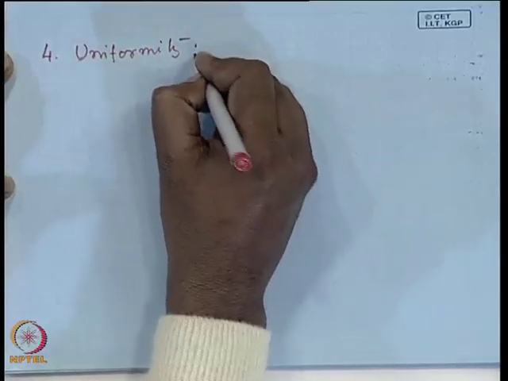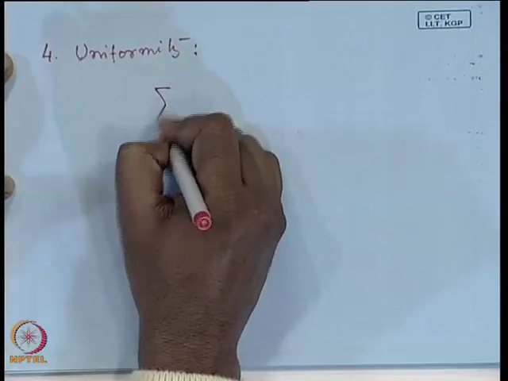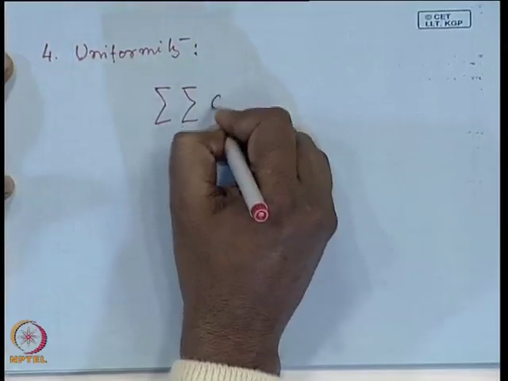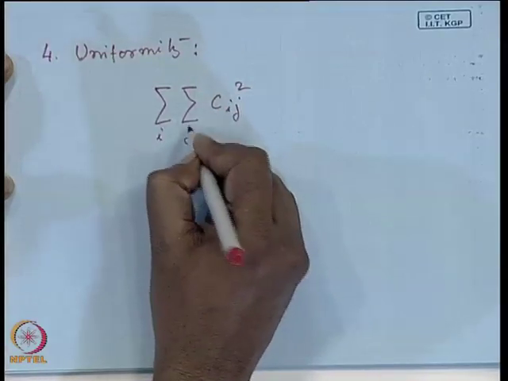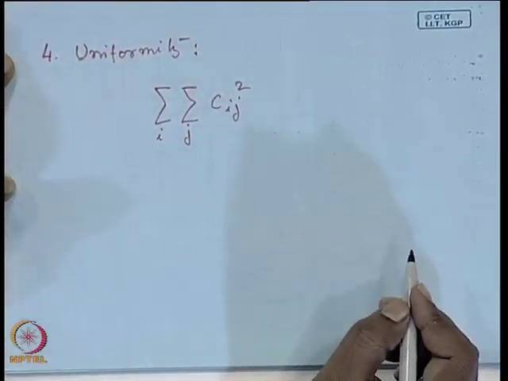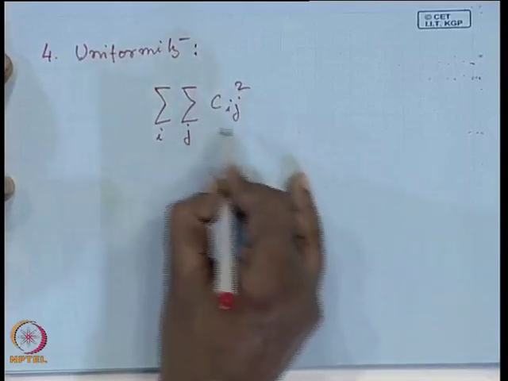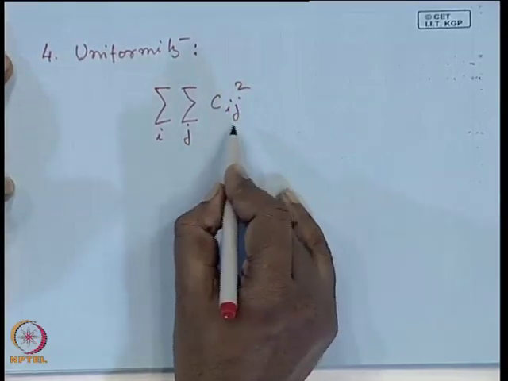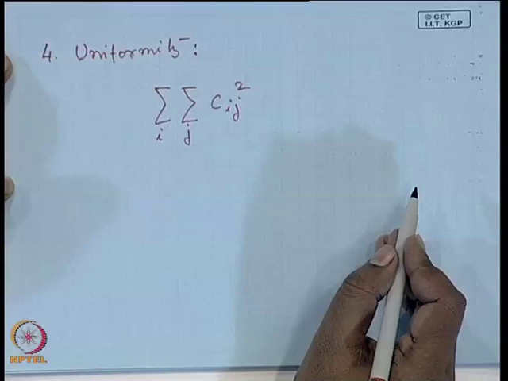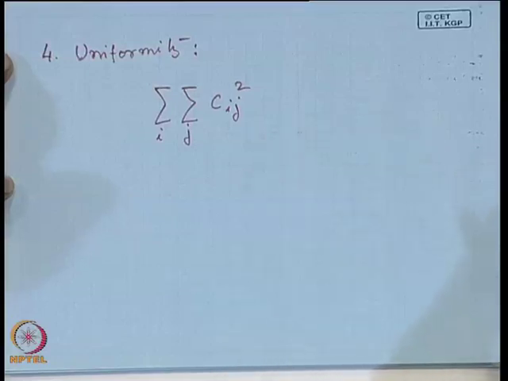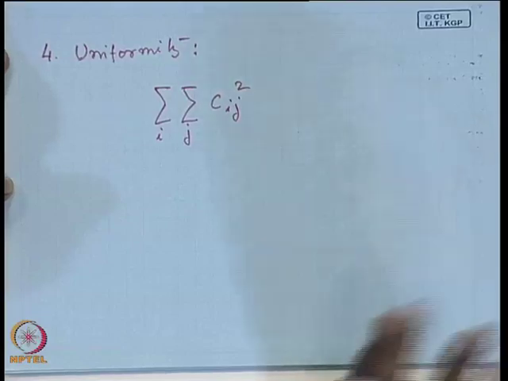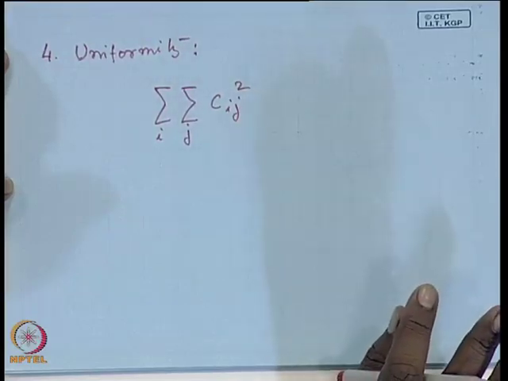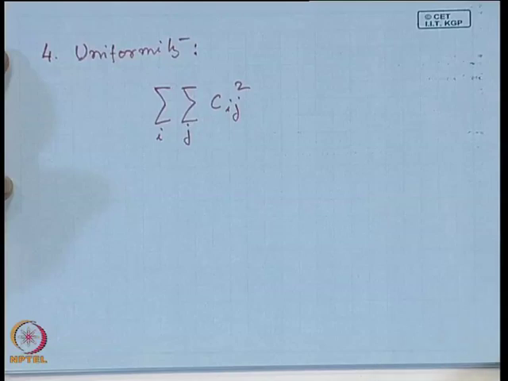Uniformity is simply defined as the summation of Cij square over I and j. You will find that this value will be high if all the Cij's are similar or the same. That means all the intensity pairs are equally likely within the given image. Okay. So, that becomes a regular pattern.